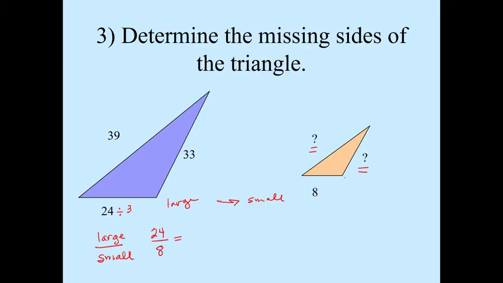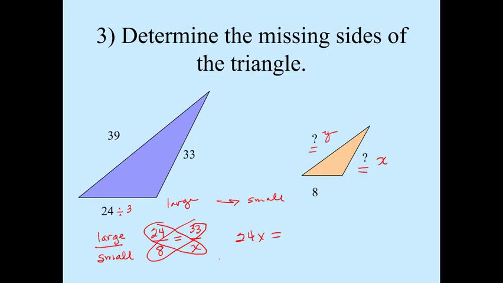Now, which side am I trying to find? I'm going to call this X. I'm going to call this Y. So let's find X first. It's on the small triangle, but what side goes with it? 33. All right, might have to do a little math here, get my calculator out. 24 times X is 24X.